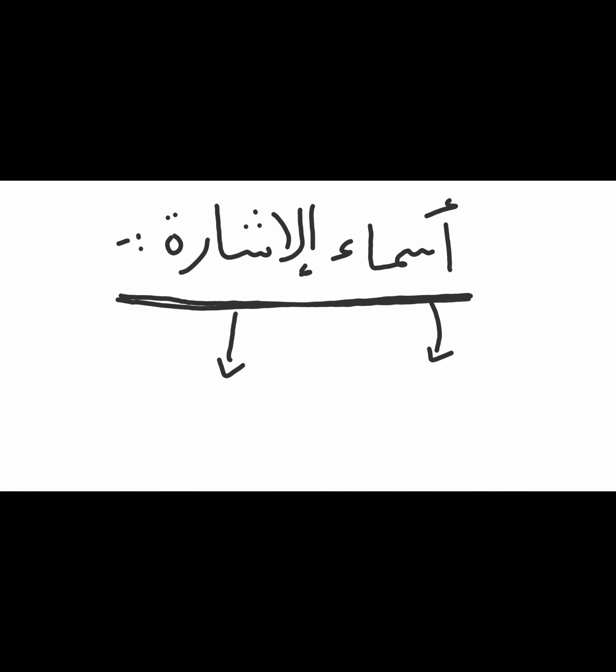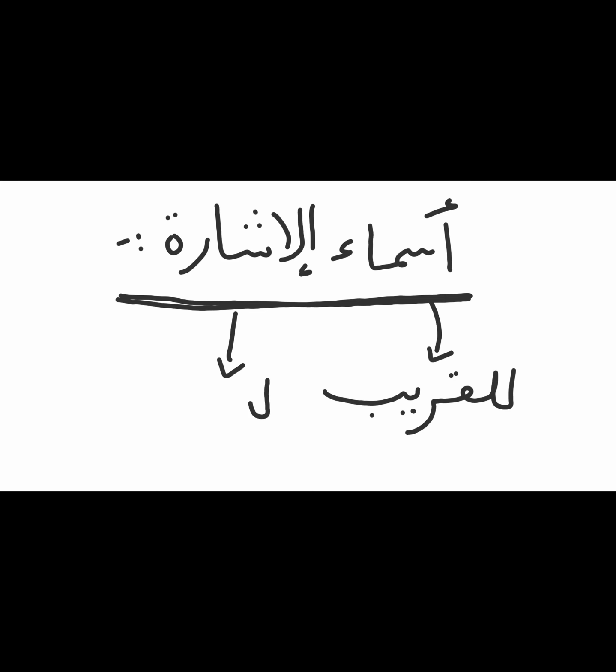تمام. Now, in Arabic, أسماء الإشارة, even in English, it's divided according to the distance. Either you are pointing to someone that's close to you, next to you, or you are pointing to something that's far from you. So if it is close, it's للقريب. أسماء الإشارة للقريب.